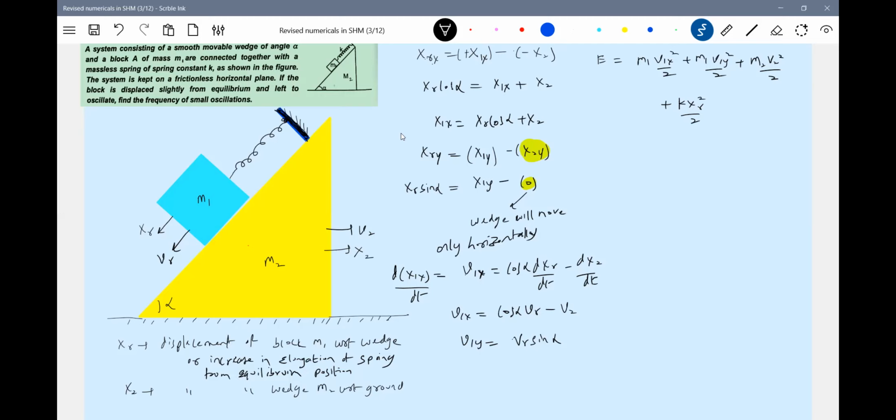So what is the net force acting on the system? I'm bringing it like this. So this will be N1. Now I'll bring the forces here. Then M1G sine theta.